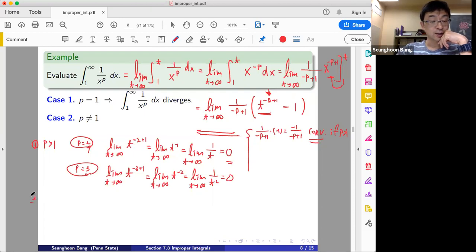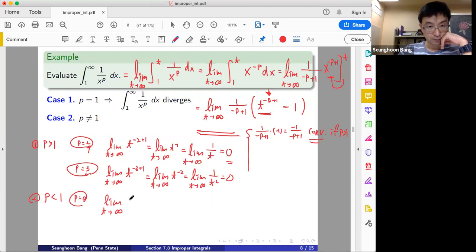The second case: p is less than 1. So what does it mean? I can choose p equal to 0. We can calculate the limit as t approaches positive infinity.